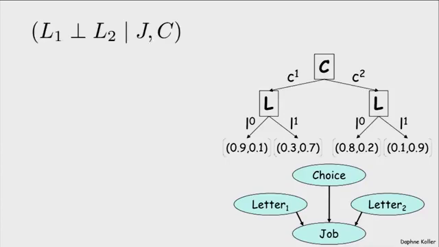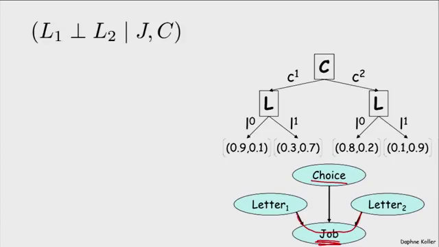Specifically, we have that letter 1 is independent of letter 2 given J and C. Now, if you think about this from purely the perspective of the d-separation structure, the flow of influence in this graph, we can see that the job actually activates the V structure between letter 1 and letter 2, so you wouldn't actually expect letter 1 and letter 2 to be conditionally independent. That is, we have a flow of influence because of intercausal reasoning.